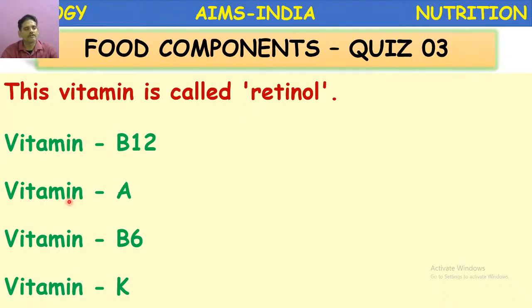Vitamin B12, vitamin A, vitamin B6, vitamin K. Vitamin B12 is cyanocobalamin. Vitamin B6, pyridoxine. Vitamin K, phylloquinone. So here vitamin A is the right answer. Option B. Vitamin A is called retinol. Next.